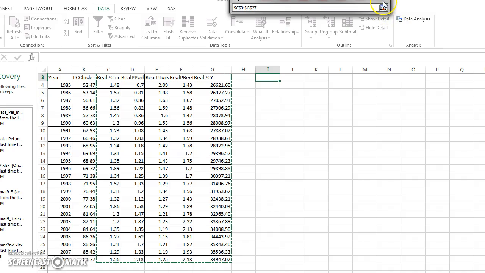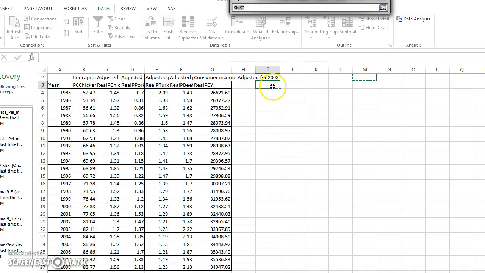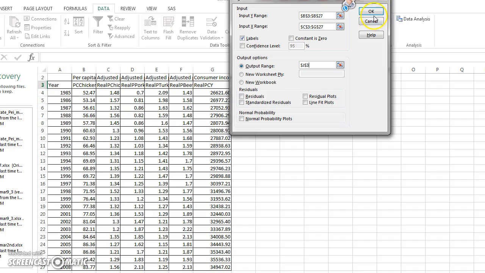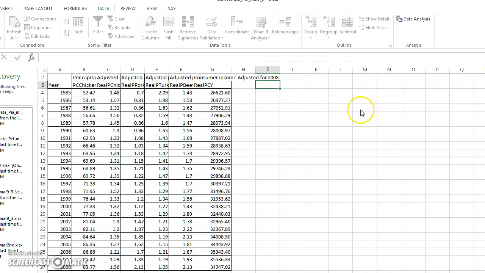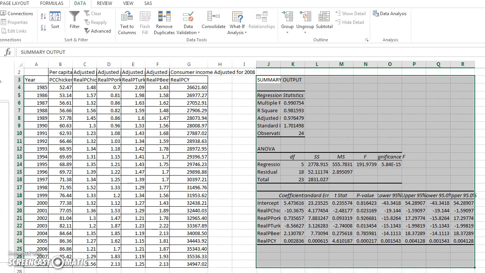So I'm going to include this, and I'm going to click Output Range. I will just randomly pick a blank cell. I'm going to click OK. So this is the output.